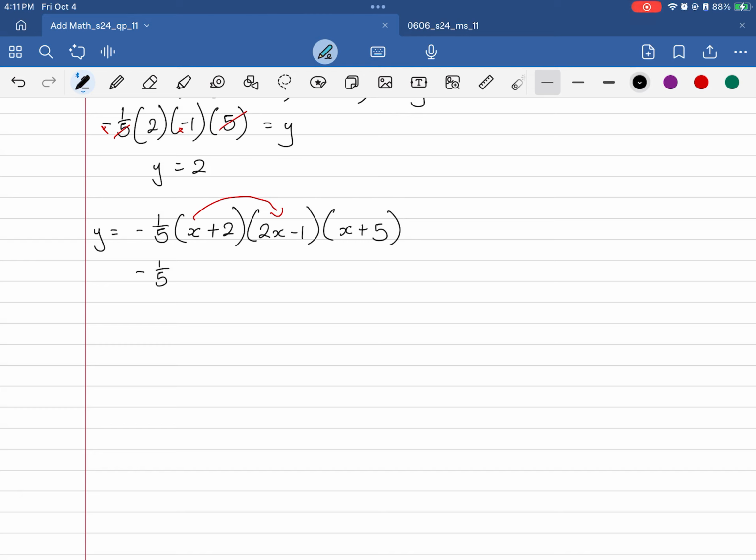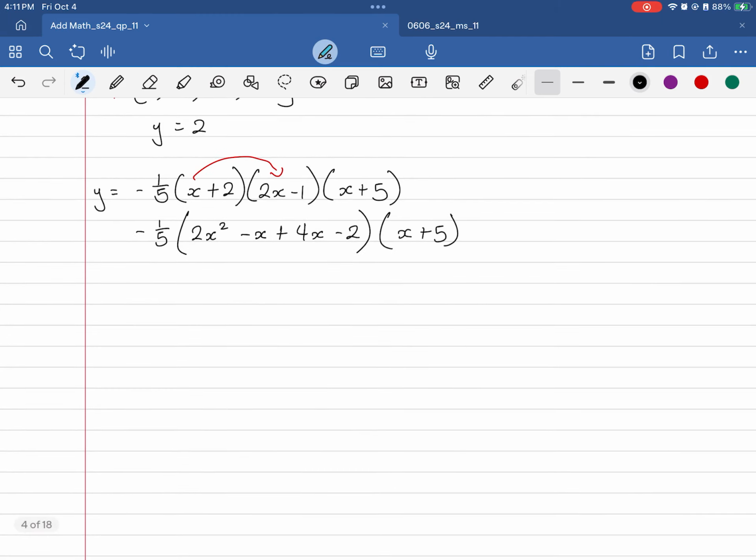So this is 2x squared minus x plus 4x minus 2, x plus 5. Let's simplify this first. 2x squared, 4 minus 1 is 3, so this is 3x minus 2, then x plus 5. Now let's multiply out this.